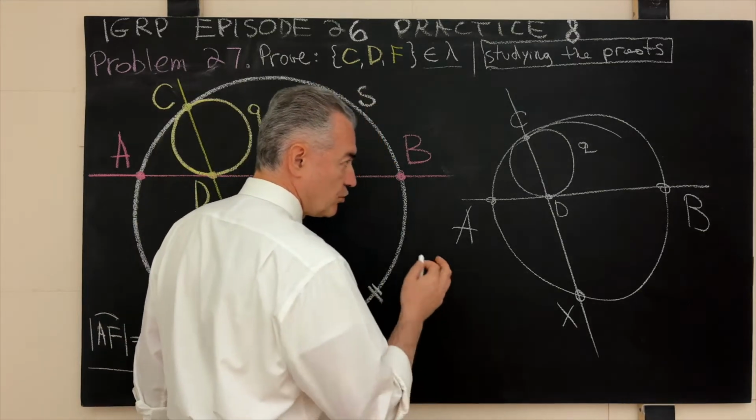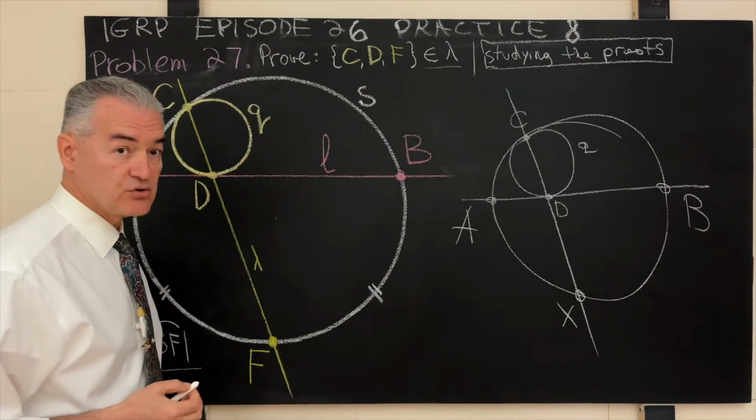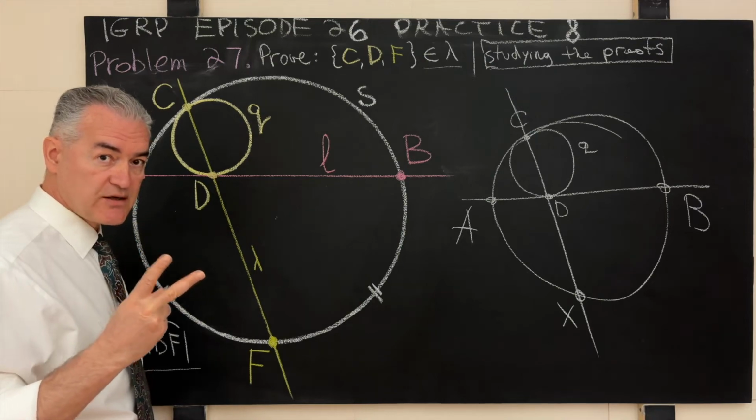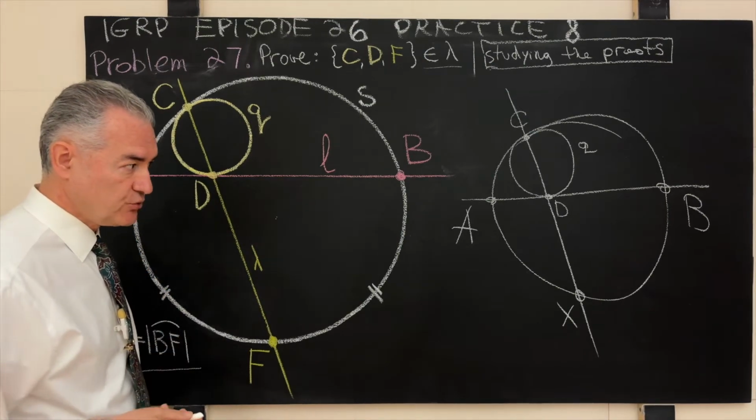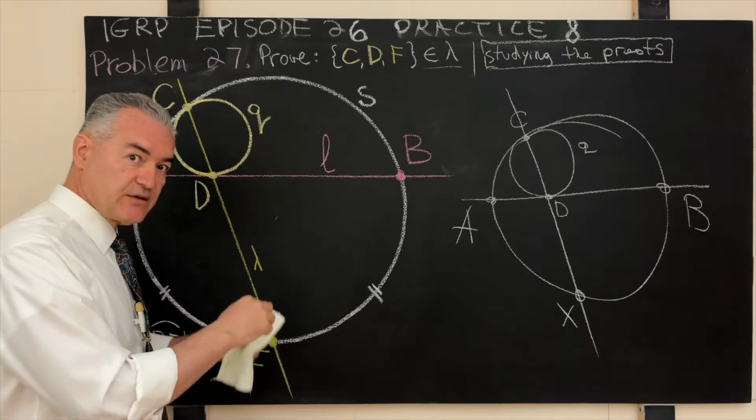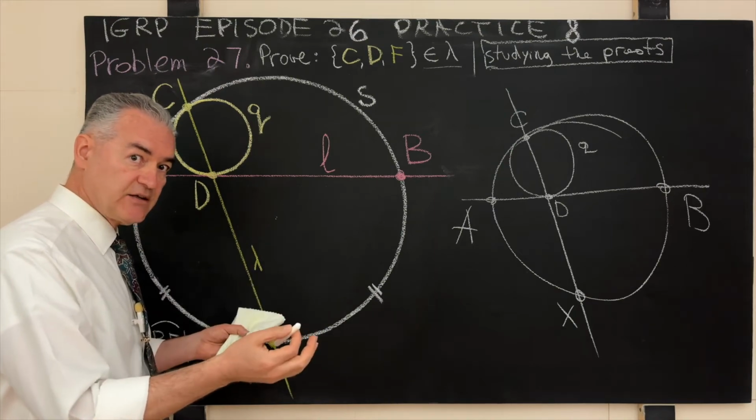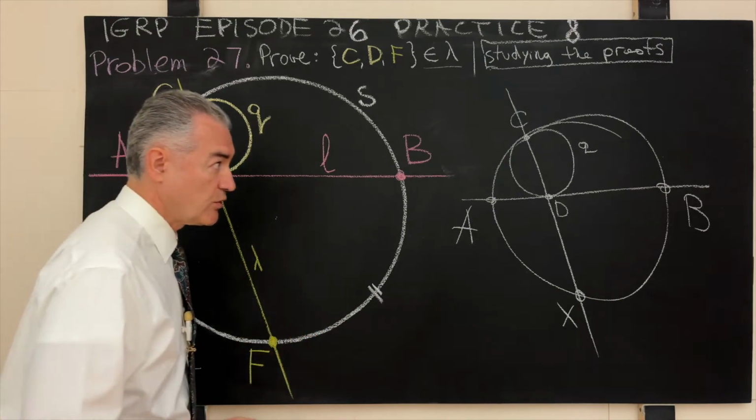Depending on the location, in general, there are actually 2 centers of homothety that will take one circle into another. One center will take one circle into another with negative coefficient, the other one with positive.